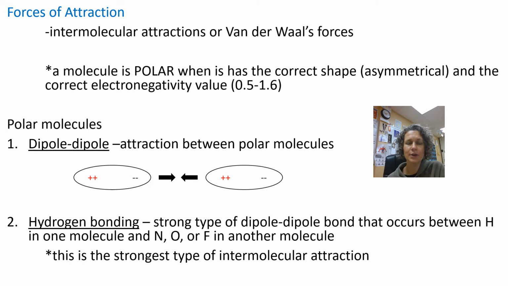I don't know where I learned that, but it's stuck in my head. If you see hydrogen with oxygen, like in water, or hydrogen with fluorine, that is a very strong type of dipole bond. It's the strongest type of intermolecular attraction that two molecules can have. Okay, so we've got dipole-dipole and hydrogen bonding.